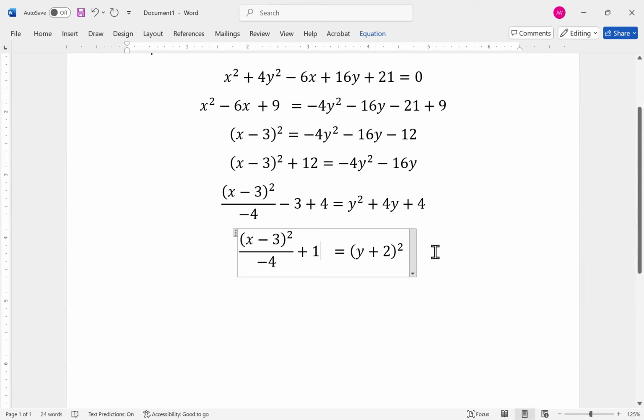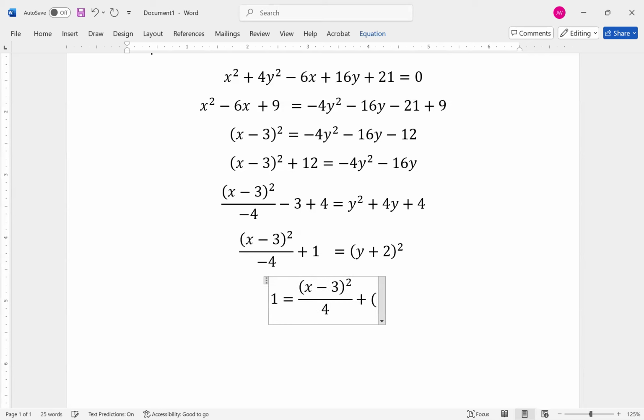Now it's almost in standard form. All I have to do is essentially add this x minus 3 squared over a positive 4 to both sides. If I add that to both sides, I get 1 is equal to x minus 3 squared over a positive 4 plus y plus 2 squared.